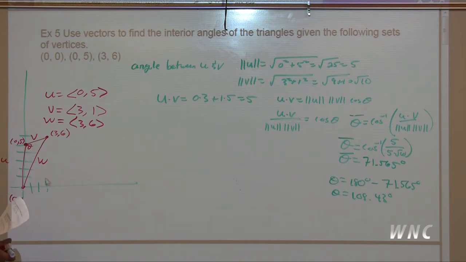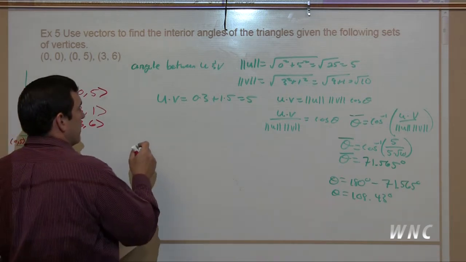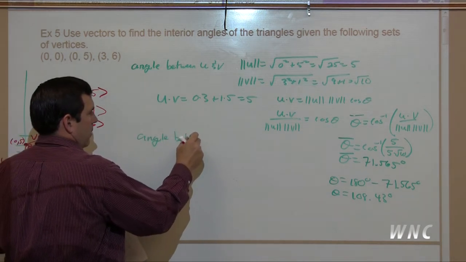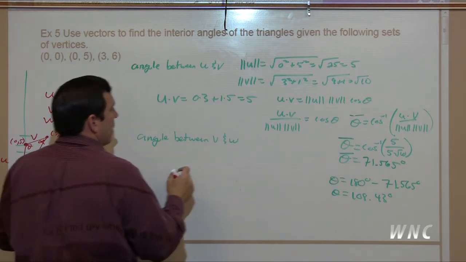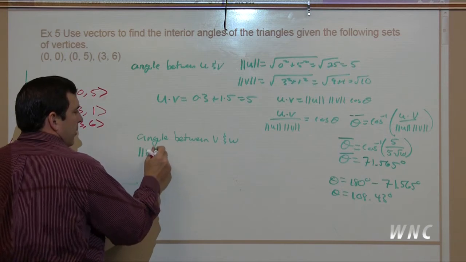Now let's get one more angle. How about the angle between V and W? We'll call that alpha. So for that, V and W, we need the magnitude of V, magnitude of W, excuse me.